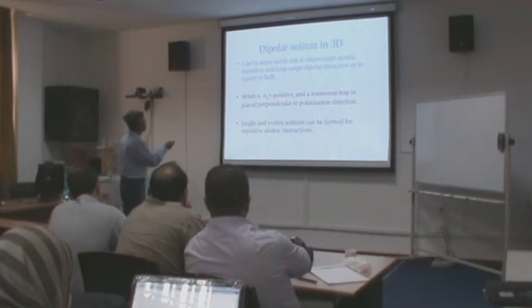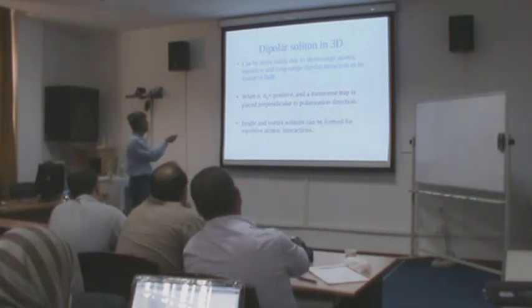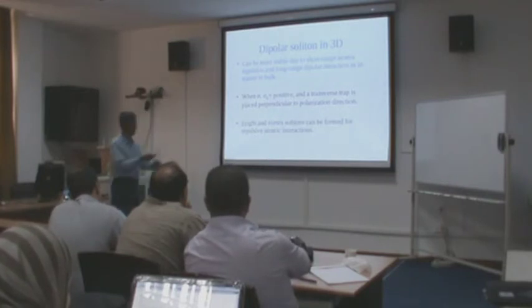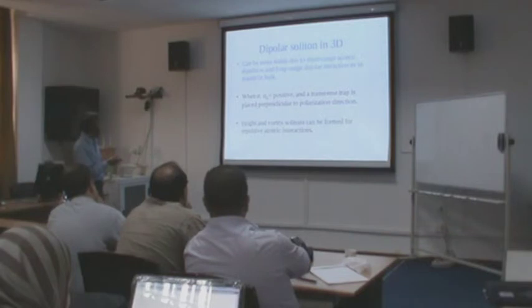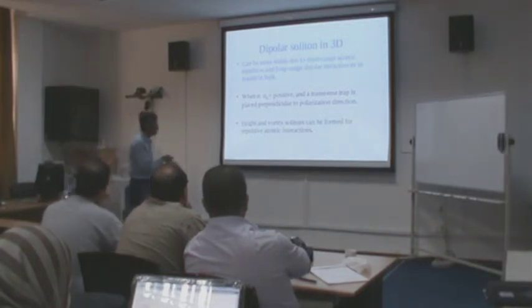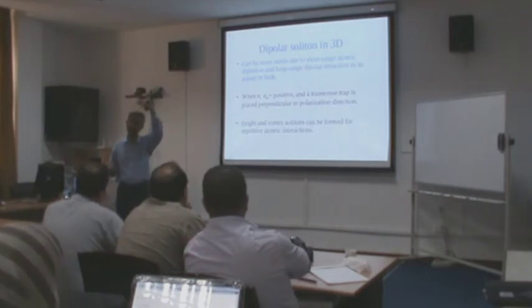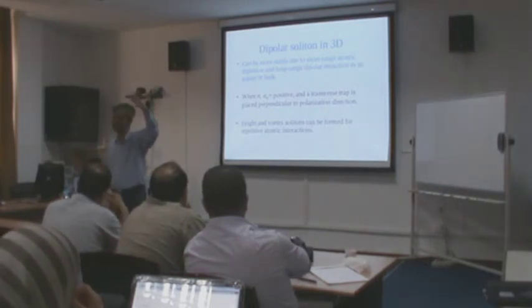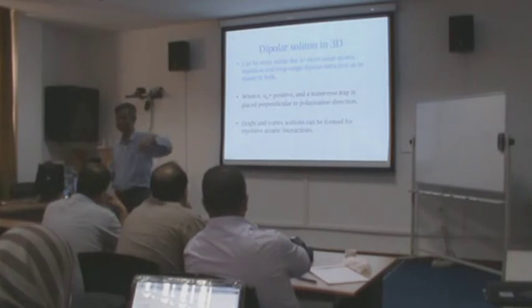The dipolar soliton can be more stable due to short range atomic repulsion and long range attraction, as in matter in bulk, like in all potentials. So you can form bright solitons and vortex solitons. Vortex solitons are something which was shown yesterday in the last movie of rotating rings. That has angular momentum conservation.